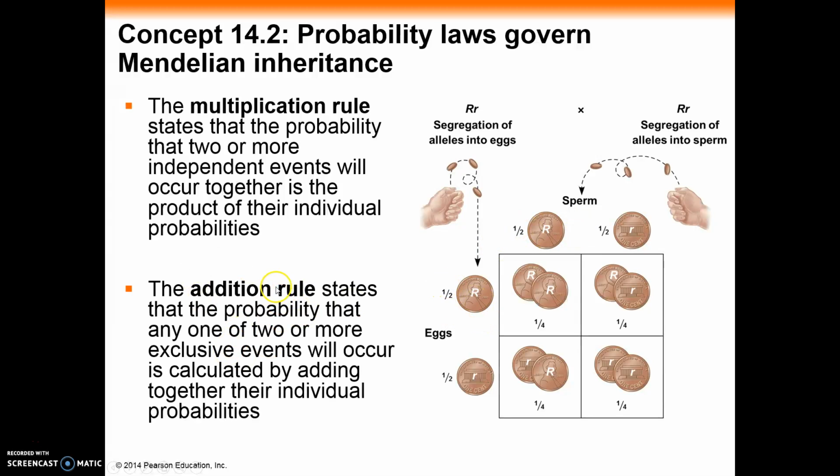We also have the addition rule, in that if we have more than one way of getting at something, so there are two ways of getting at big R, little r, we calculate those odds by taking their individual probabilities and adding them together, right? So the odds of getting this are 1/2, because there are two ways of getting there. So 1/4 plus 1/4. The individual probability of getting this result or this result is still 1/4, because it is 1/2 times 1/2.